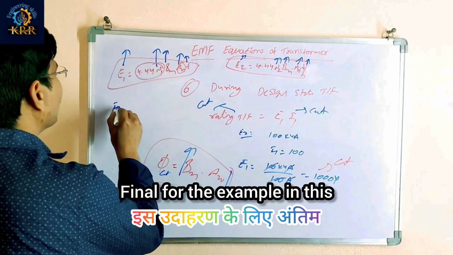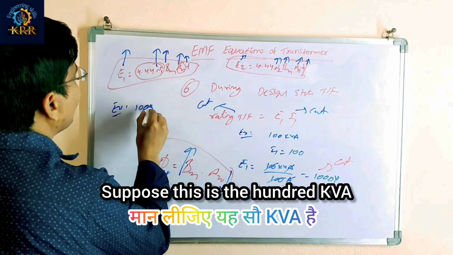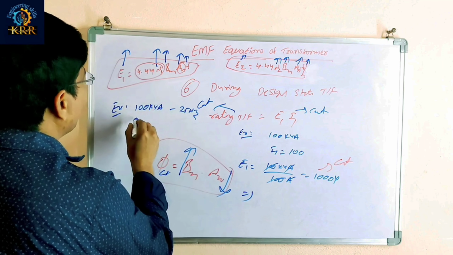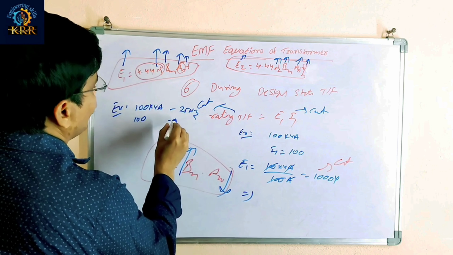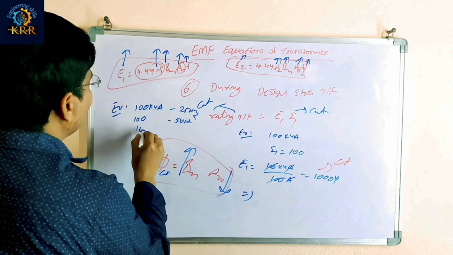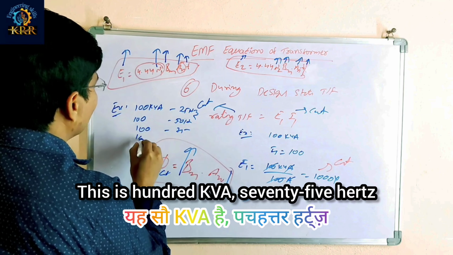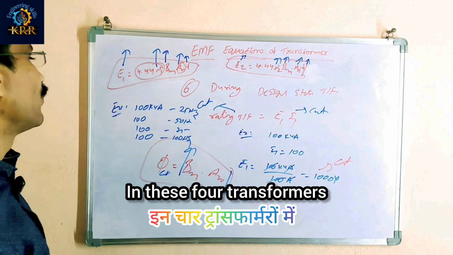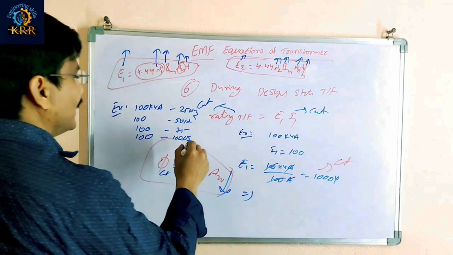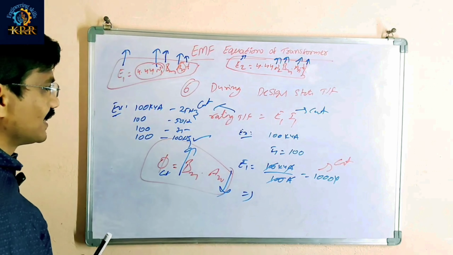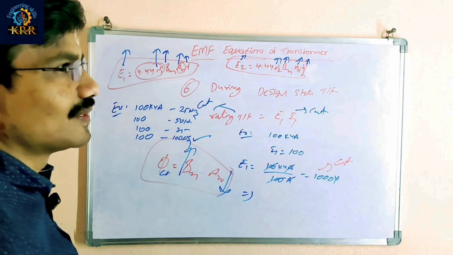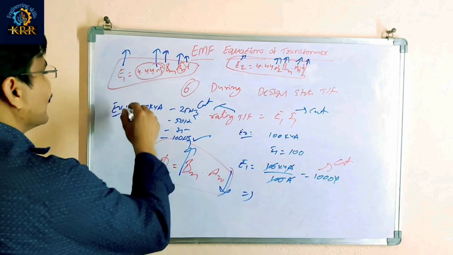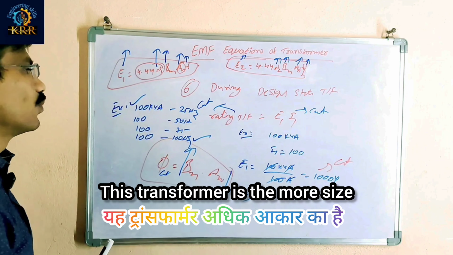Finally, for the example, suppose this is a 100 kVA transformer with frequency 25 Hz. This is 100 kVA, 50 Hz; this is 100 kVA, 75 Hz; this is 100 kVA, 100 Hz frequency. In these four transformers, this one has less size and less weight, and this one has more size and more weight.